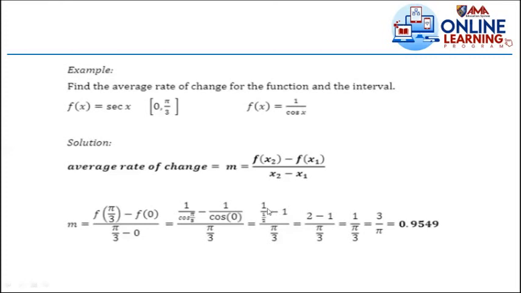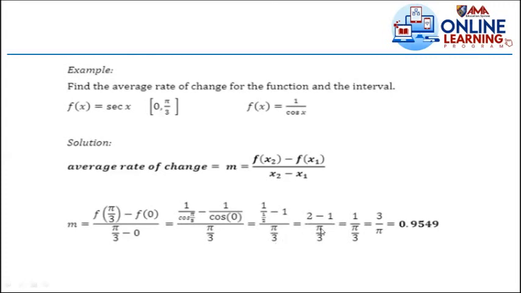Next, we have division of fractions. For division of fractions, we invert the fractional divisor and then proceed as in multiplication. So 1 divided by 1/2 becomes 2 times 1, which is 2. Then minus 1, over pi over 3.